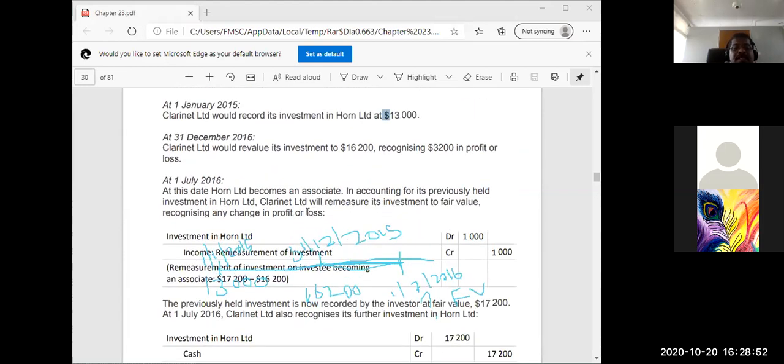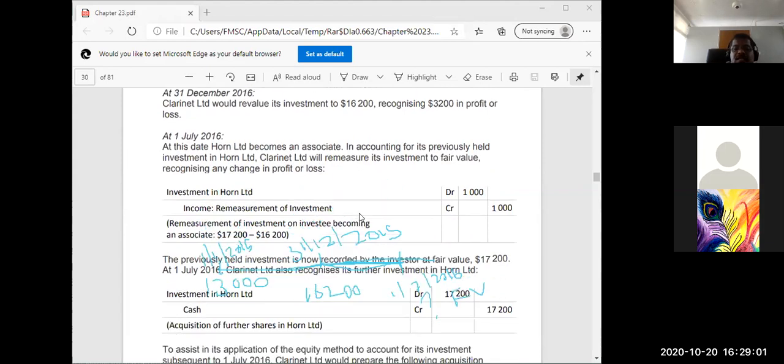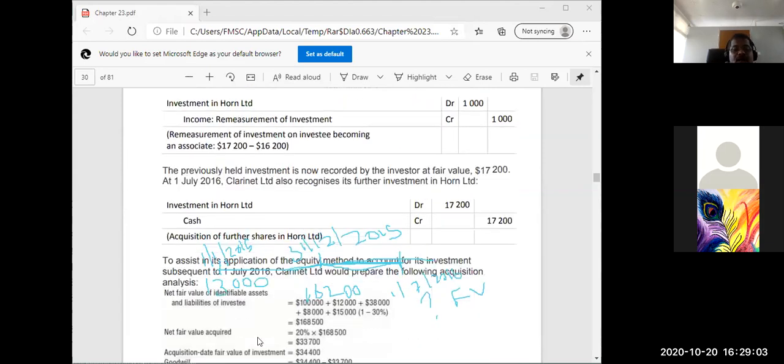Here, C Limited will remeasure its investment to fair value and record any change in profit and loss. You take the fair value of this investment and the change you charge to the P&L.